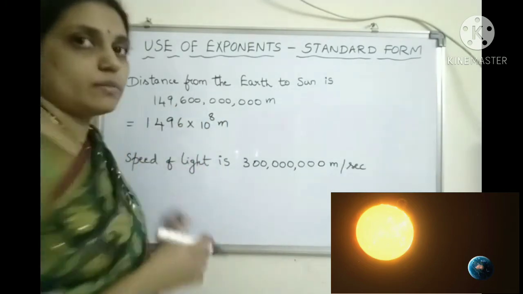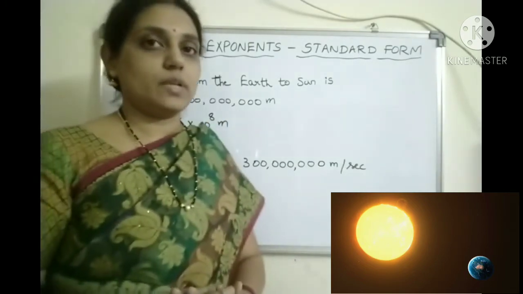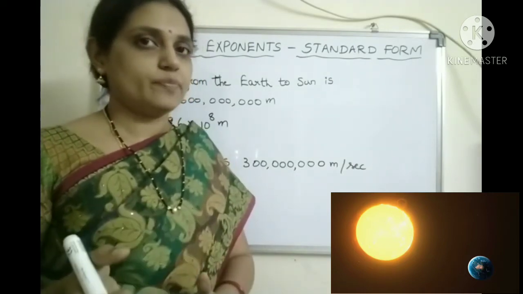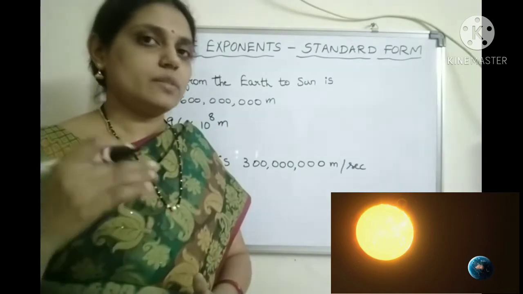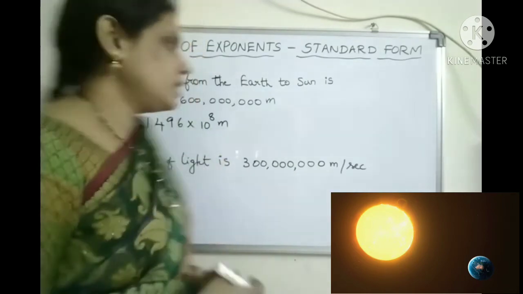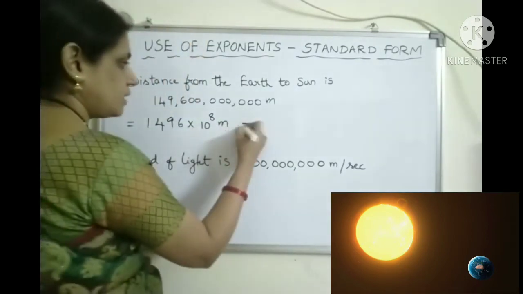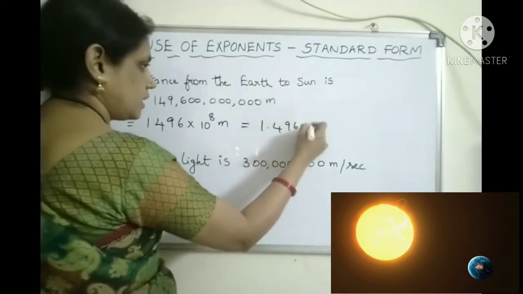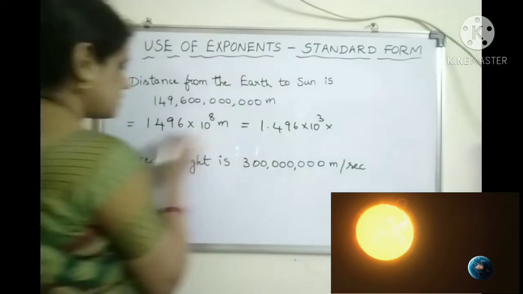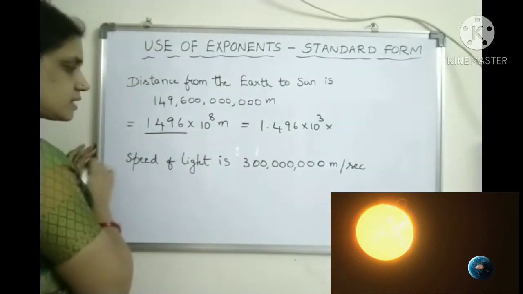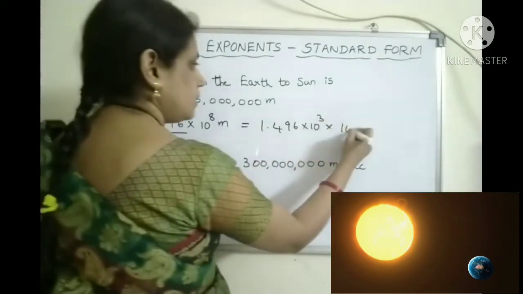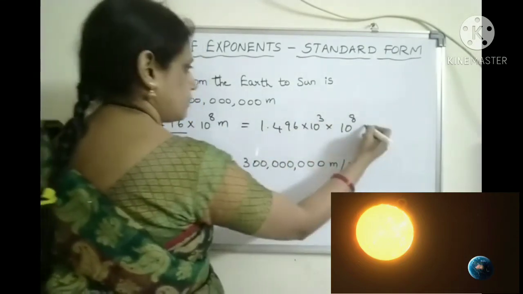But standard form means what? Standard form of a number means the product of a decimal number between 1 and 10 and the number with base 10. So here the same can be written as 1.496 into 10 cube. This same 1496 can be written as 1.496 into 10 cube, into 10 power 8 that we already have here, meters.